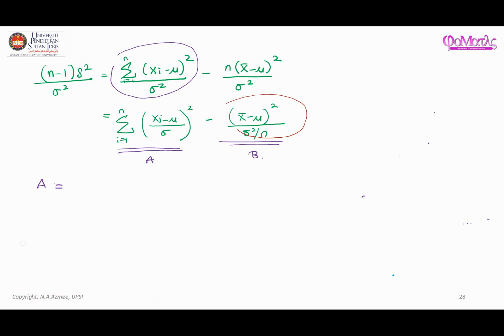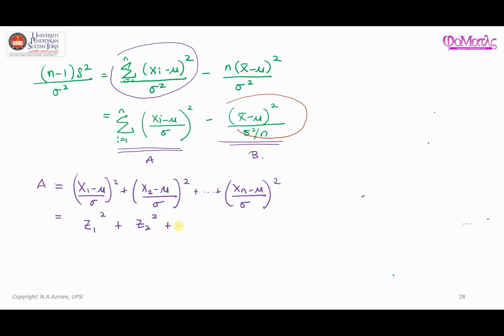x1 minus mu over sigma, squared, plus x2 minus mu over sigma, squared, plus and so on, up to xn minus mu over sigma, squared. This is the same thing as z1 squared, where z represents the standard normal random variable, plus z2 squared, plus and so on, zn squared.